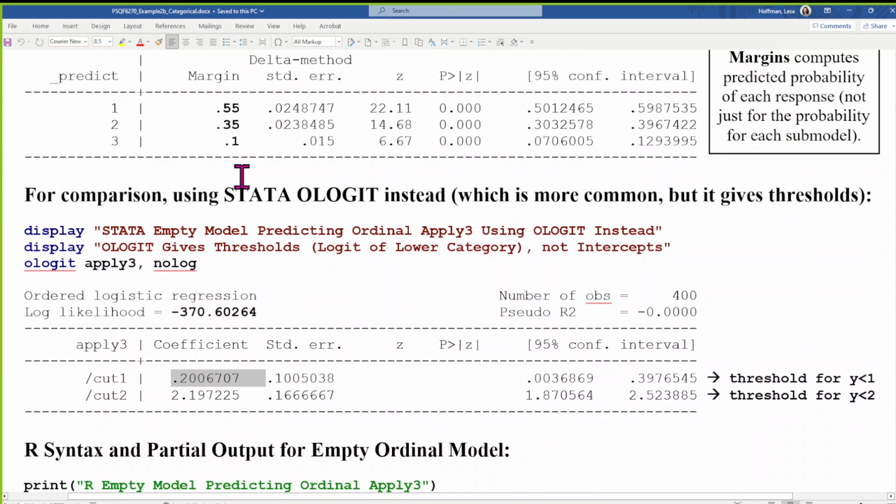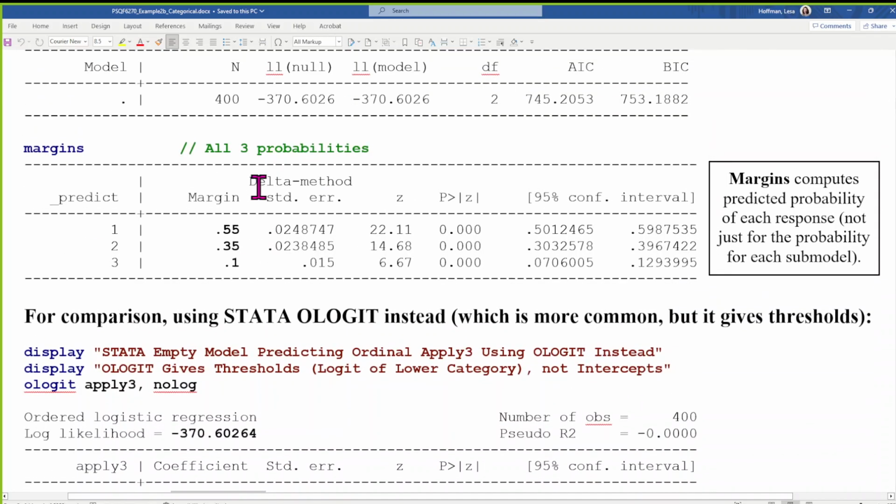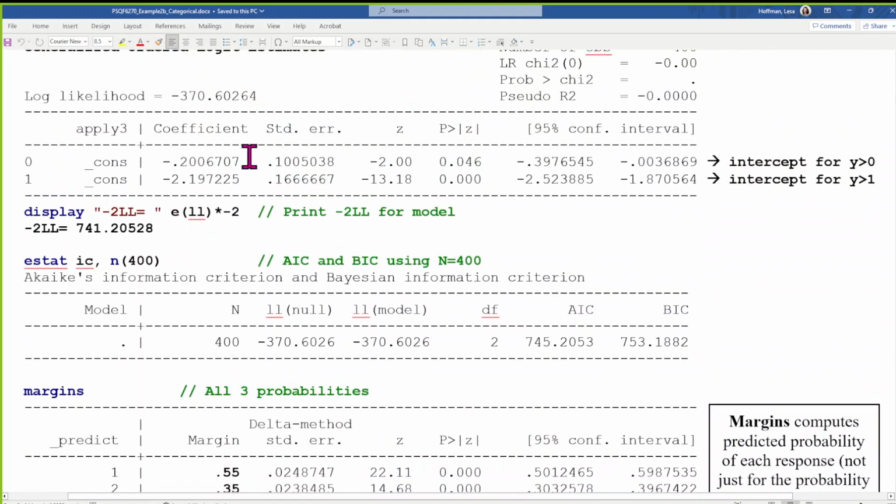So intercepts tell you the probability of the higher, thresholds tell you the probability of the lower. Now what that is depends on which submodel you're in. So the first submodel is 0 versus 1 or 2, higher versus lower. The second is 0 or 1 versus 2. You just have to know, based on the package that you're using, what it spits out.